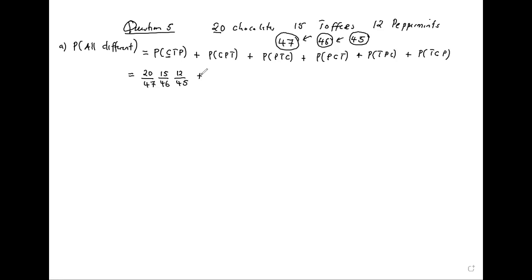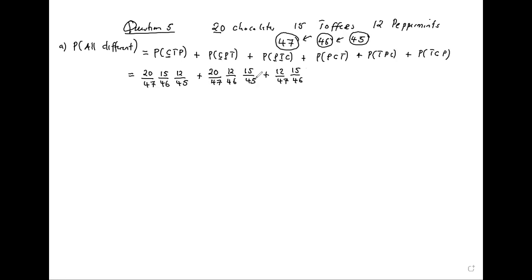Plus, you start with chocolate, 20 out of 47, then peppermint, 12 out of 46, then toffees, 15 out of 45. Next, peppermint, 12 out of 47, toffee, 15 out of 46, then chocolate, 20 out of 45.